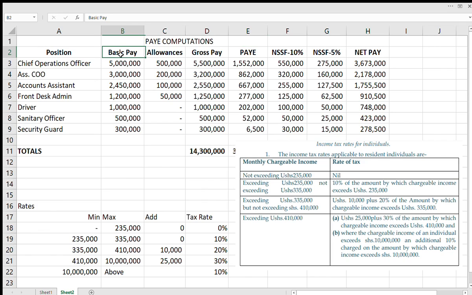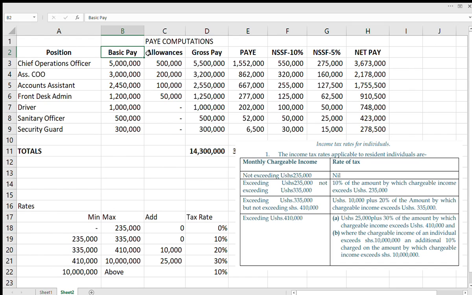Here we have what we call basic pay. Basic pay is the money you would receive before allowances. So that is basic pay.